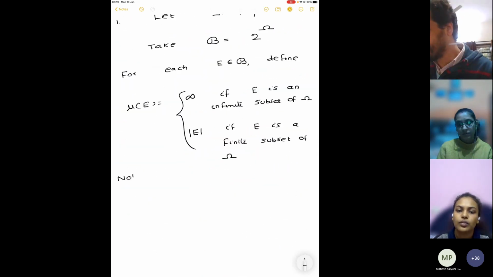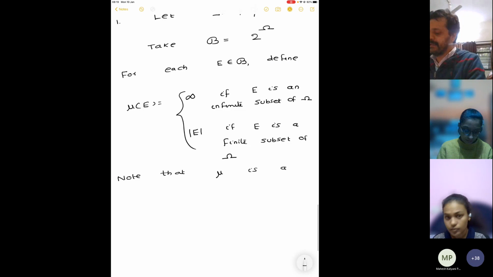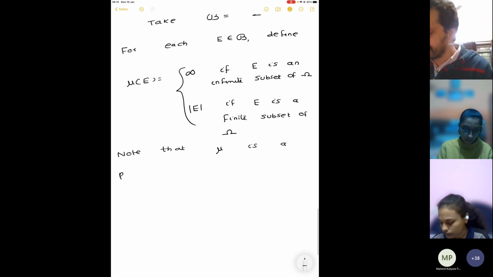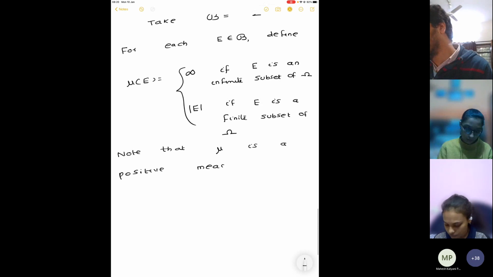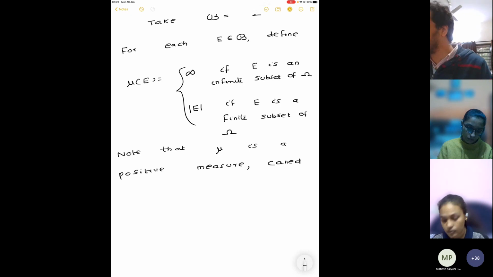Note that mu is a positive measure, commonly called counting measure.